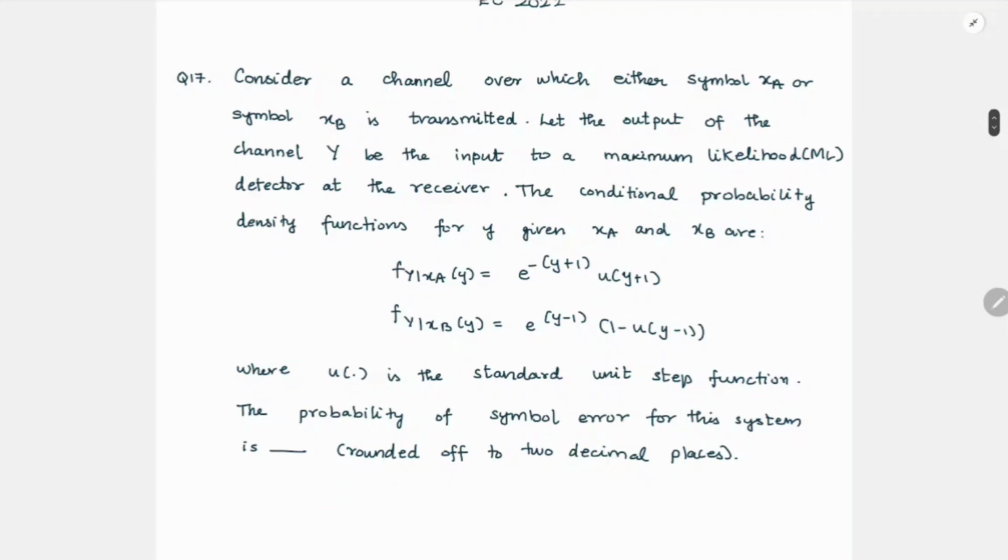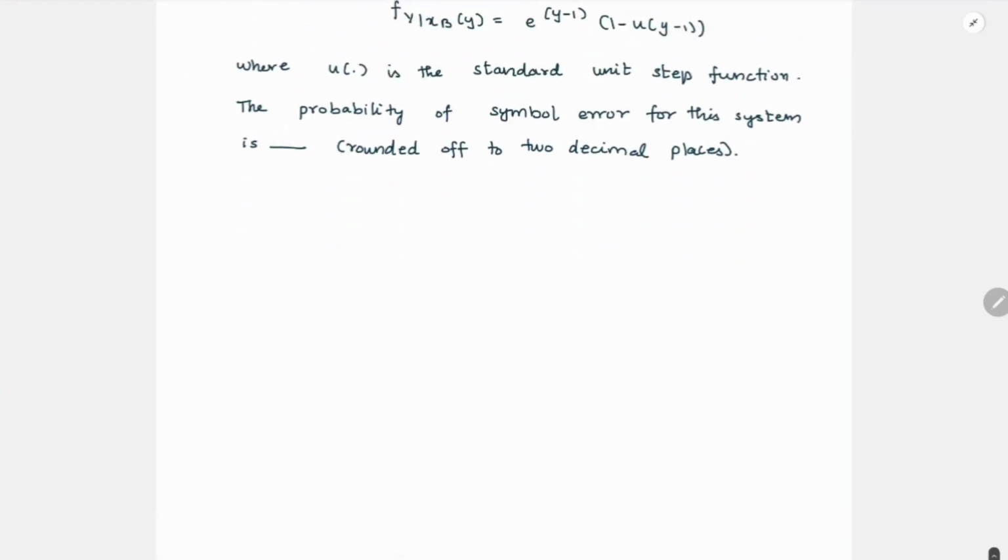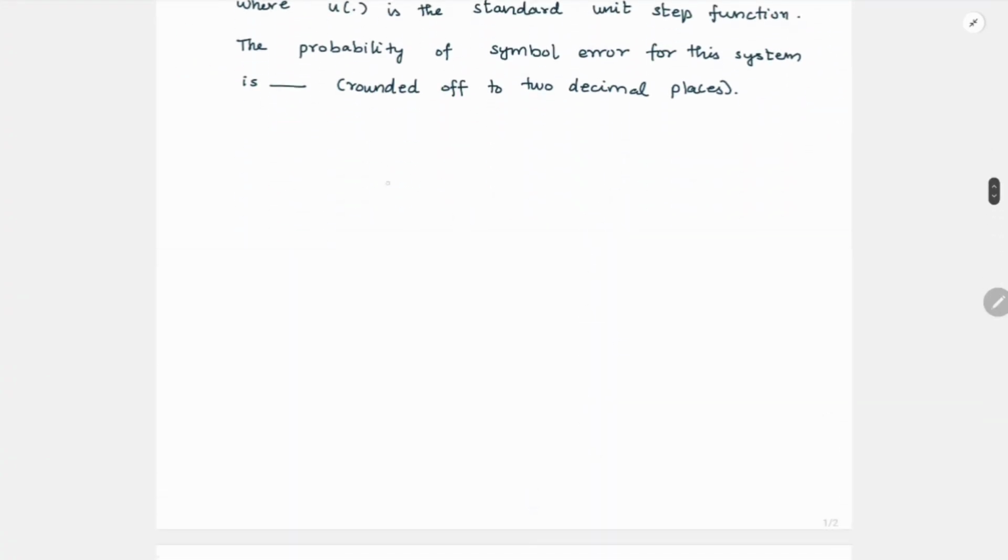So to solve this question we need to know what is this maximum likelihood detector, right? So let us see that first. So you have your transmitter, which is sending symbols XA and XB.